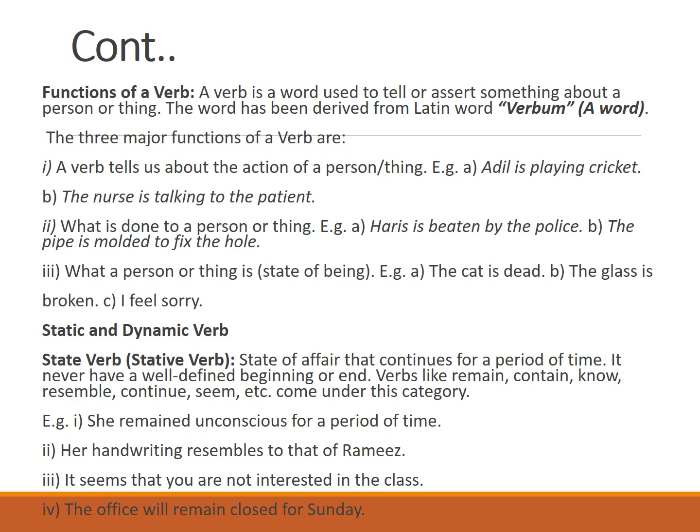Stative verb: a state of affairs that continues for a period of time. It never has a well-defined beginning or end. Words like remain, contain, know, resemble, continue, seem, etc. come under this category.